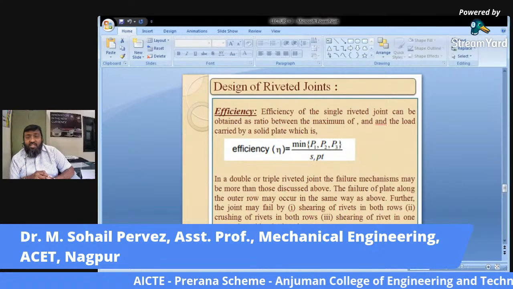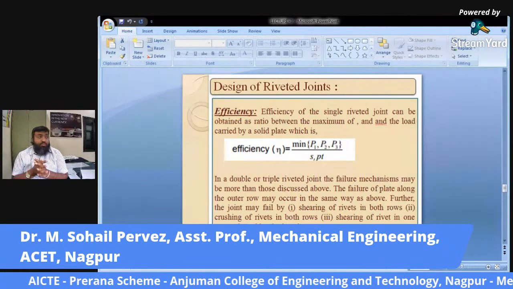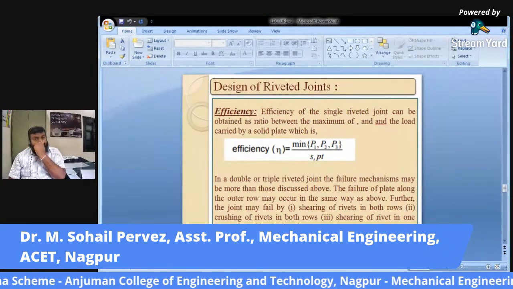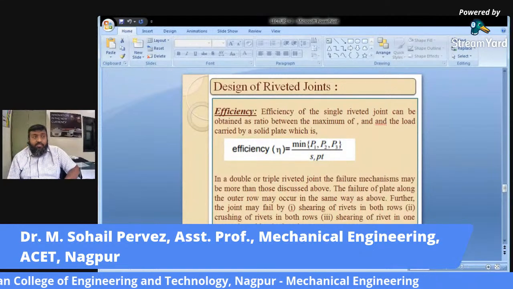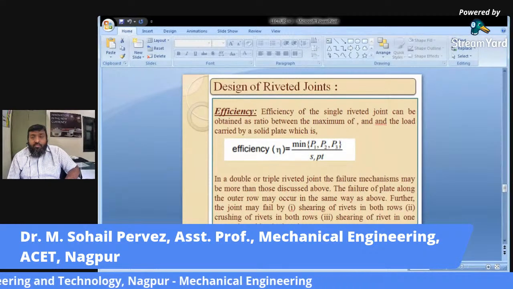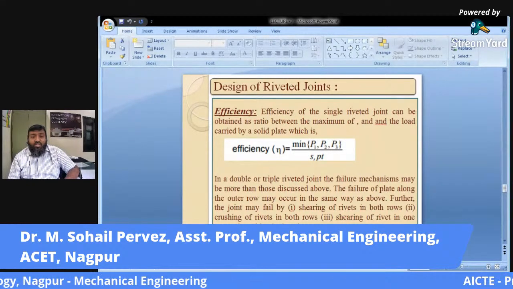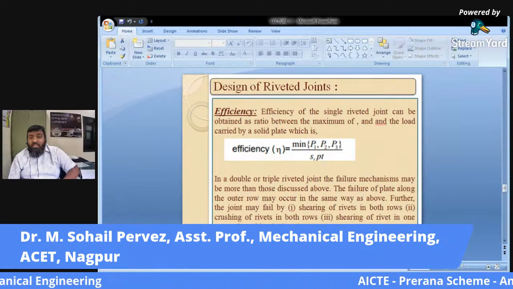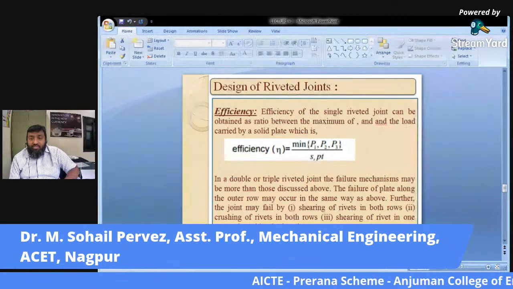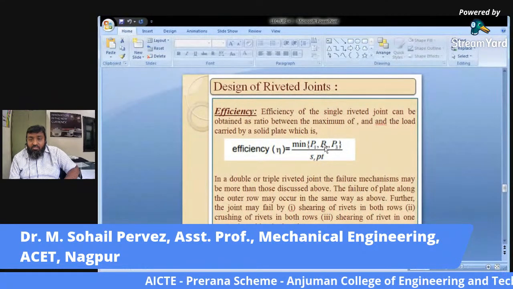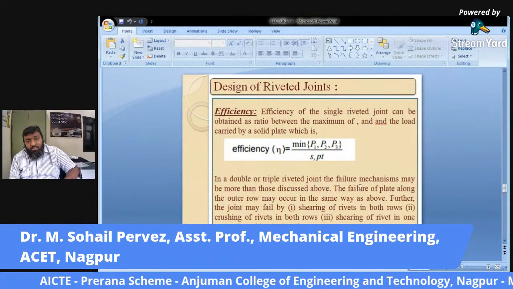So efficiency. The last thing which we want to discuss is efficiency of the joint. Efficiency of a single riveted joint can be obtained as the ratio between the minimum of P1, P2, P3. Now what are these P1, P2, P3?